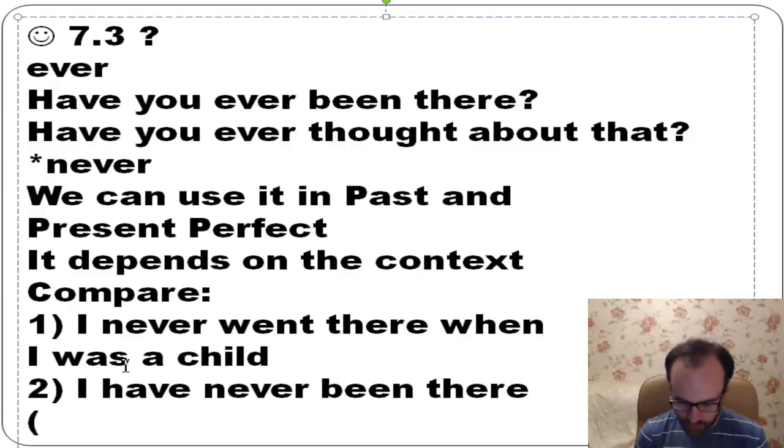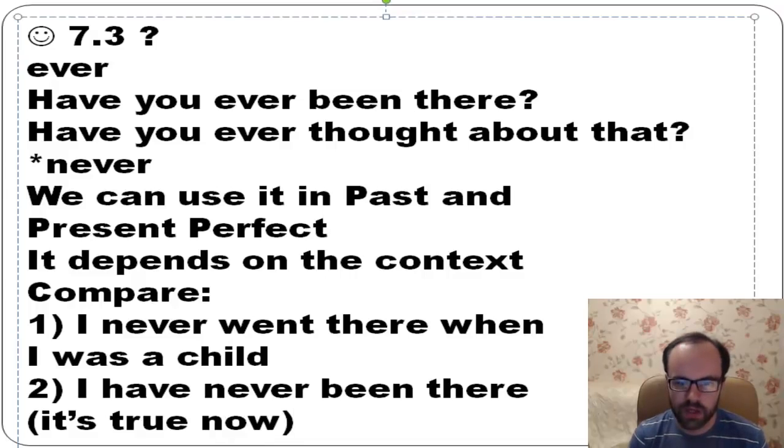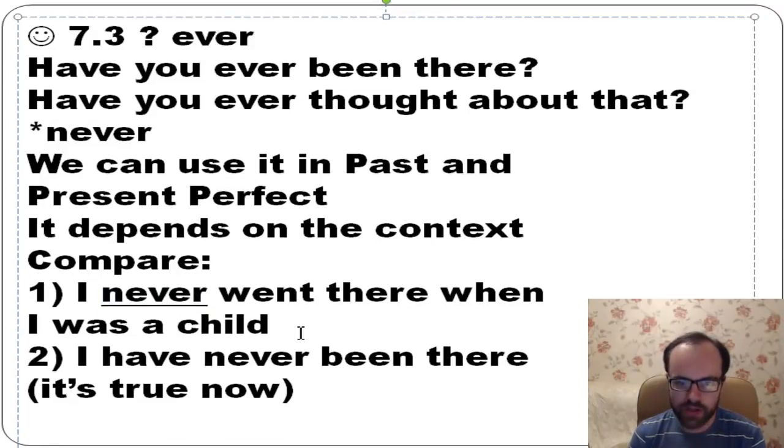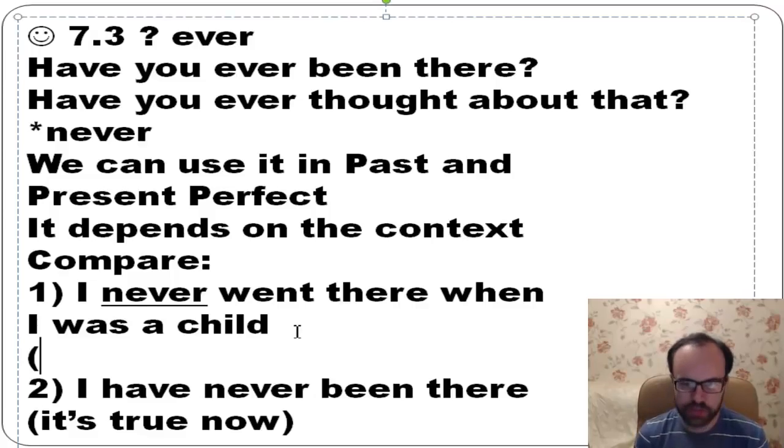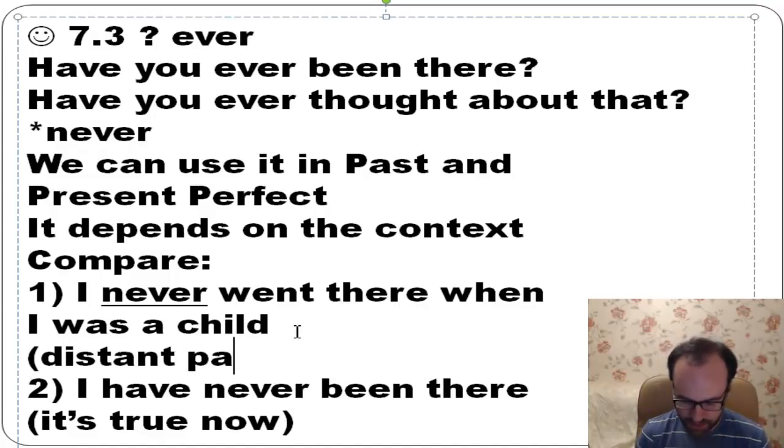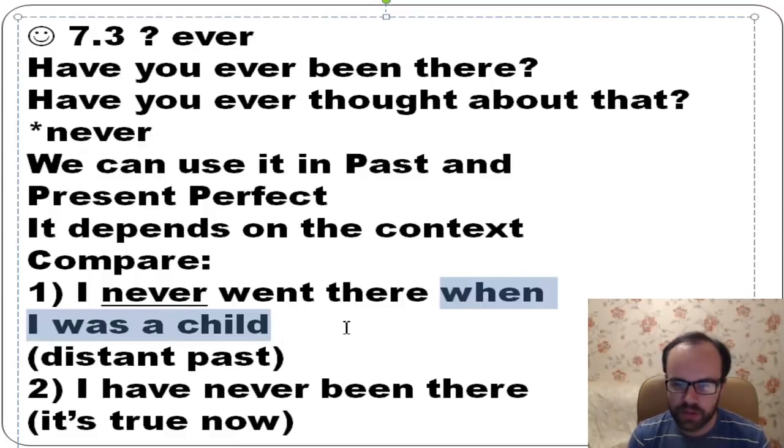So it's true now. So we use past simple here. It's a distant past. This part of the sentence, when I was a child, tells us that it's a distant past.